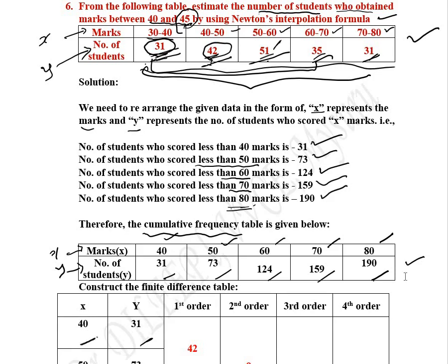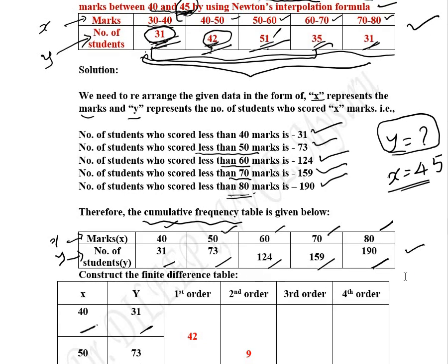Now I want to find the number of students who scored less than 45, that means find Y at X equal to 45. At this point, I want to find the value of Y. The procedure is as usual, but the important thing here is rearranging the given data. Now, I will find the value of Y when X is equal to 45.